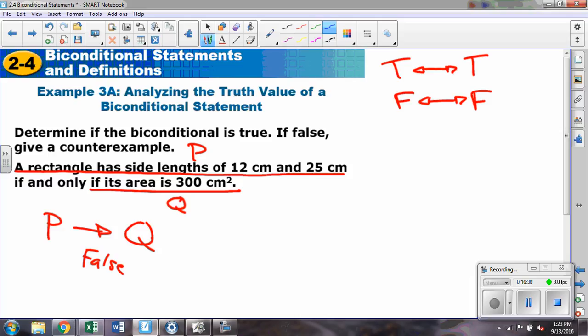We don't even need to go anywhere else. The forward conditional is false. With a forward conditional being false, it doesn't matter if the other one is. This is already instantly telling us that the overall biconditional is false also.